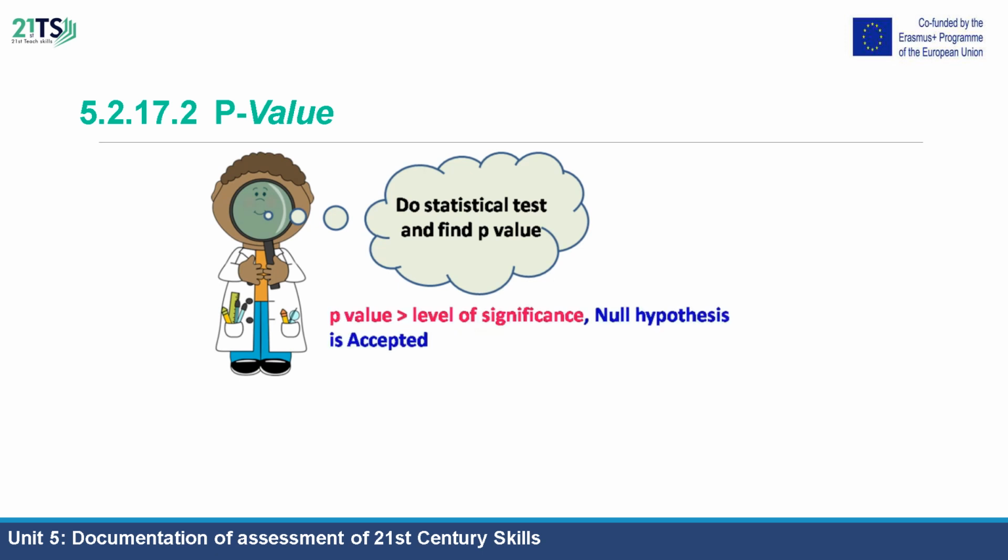If the p-value is more than the level of significance, then the null hypothesis is accepted. And if the p-value is less than the level of significance, then the null hypothesis is rejected.